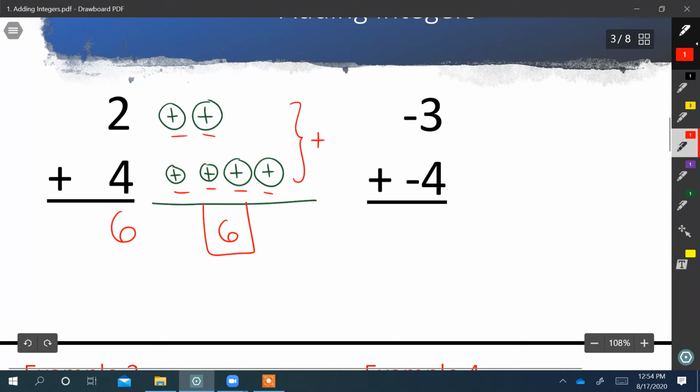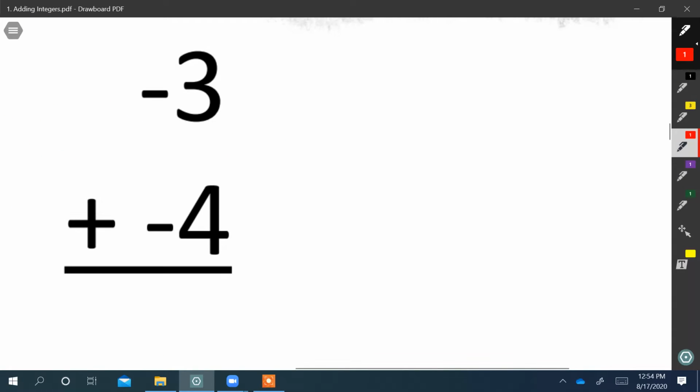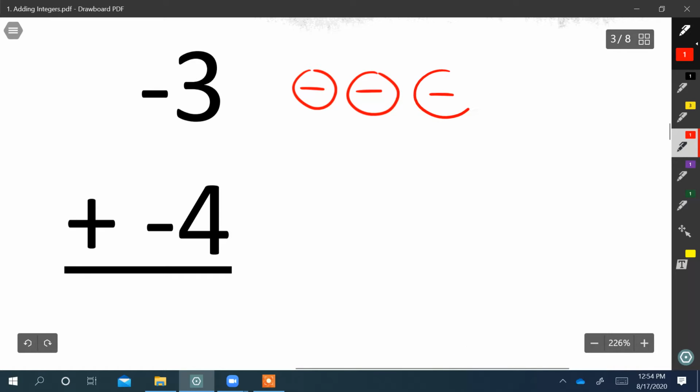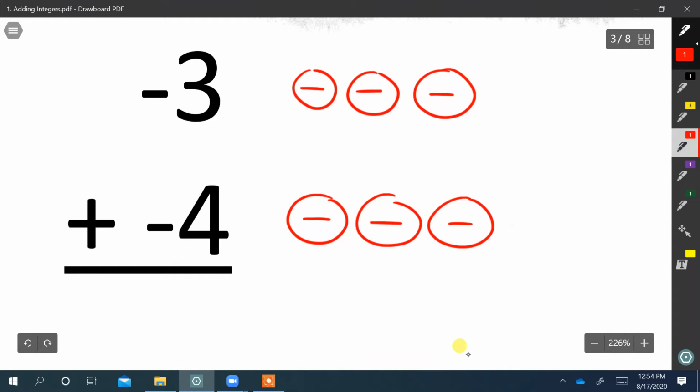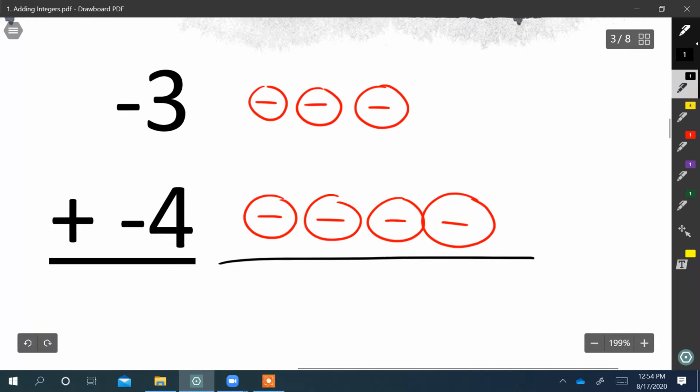It works the same when you have negative integers. For example, if I have 3 negative integers, and I'm going to represent them like this, and then I have 4 negative integers. Since I have a bunch of negatives, I'm just going to be adding negatives.